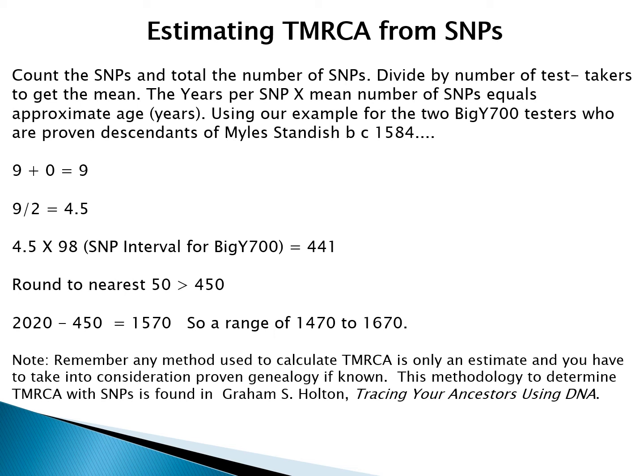We like this one because it is closer to the birth date of about 1584 for Miles Standish. David Vance suggests using a SNP interval of 82 years for Big Y700 testers, which gives a TMRCA of 1670 and a range of 1570 to 1770. SNPs do tend to be closer to the actual birth date for Miles Standish.